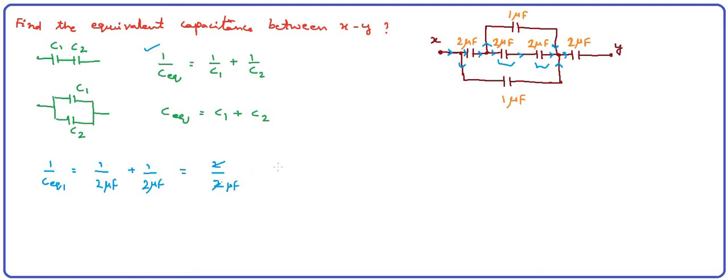So this and this get cancelled, so C equivalent 1 is equal to 1 microfarad.